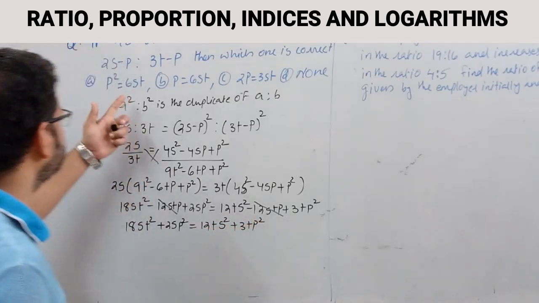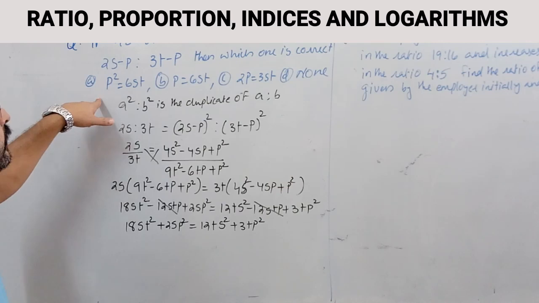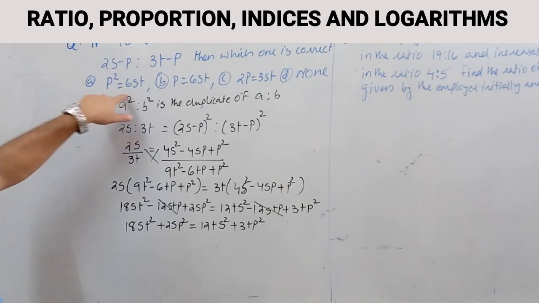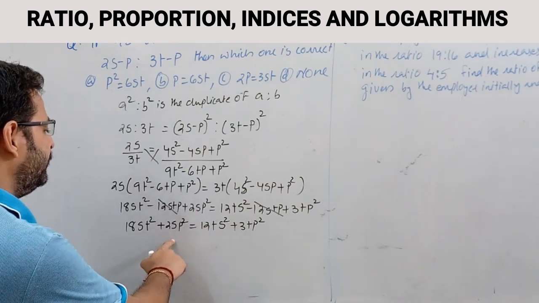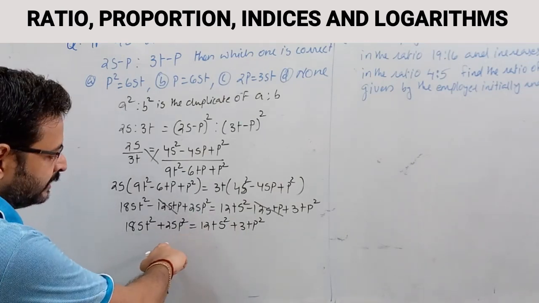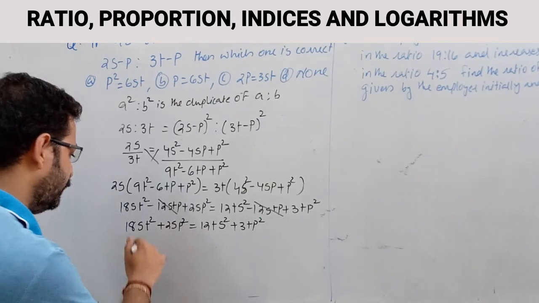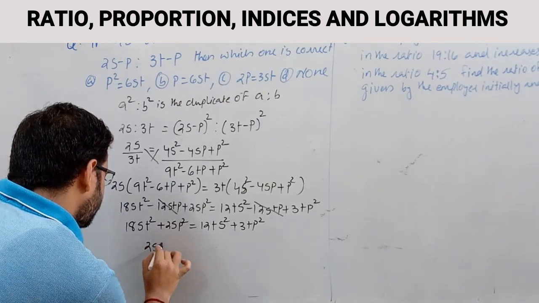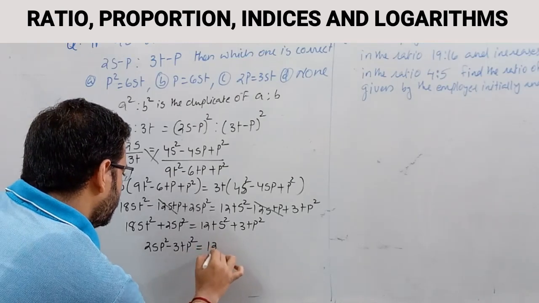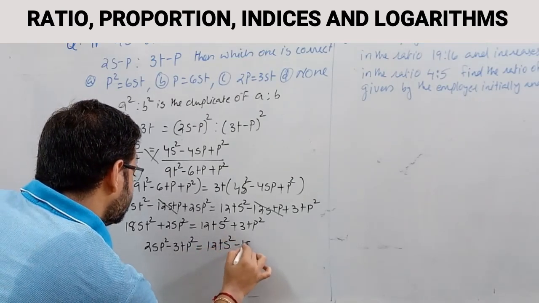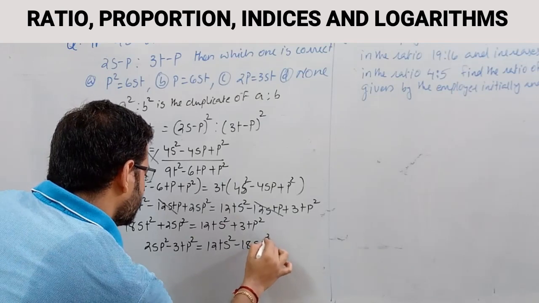Okay, we know that from the question. Then which one is correct? P square, p, 2p. Then we will take the terms which contain p or p square into LHS: 2sp square minus 3tp square is equal to 12ts square minus 18st square.